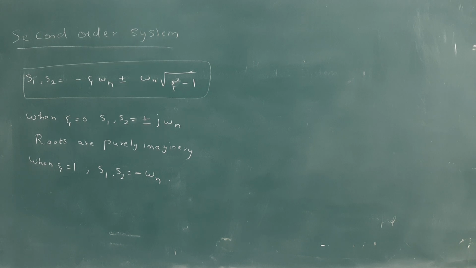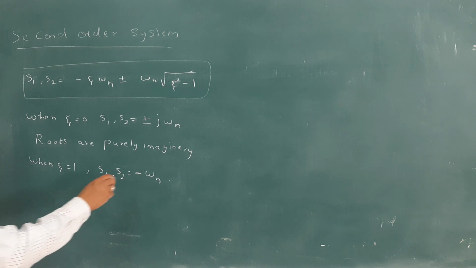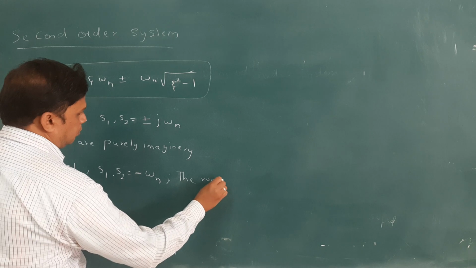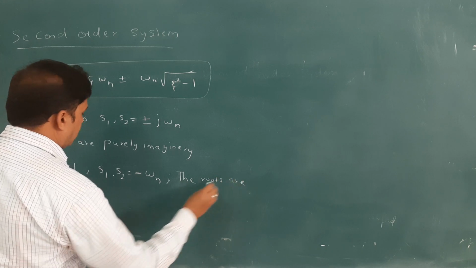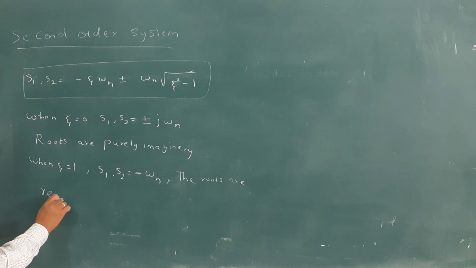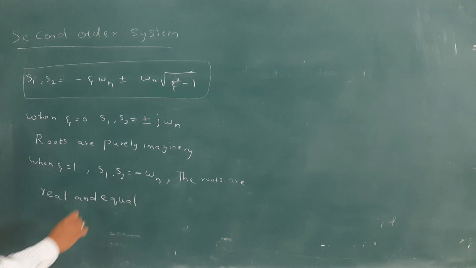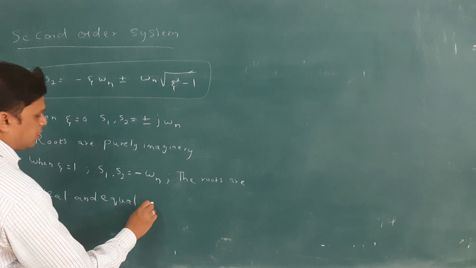Minus omega n means the roots are real and equal, and the system is critically damped.